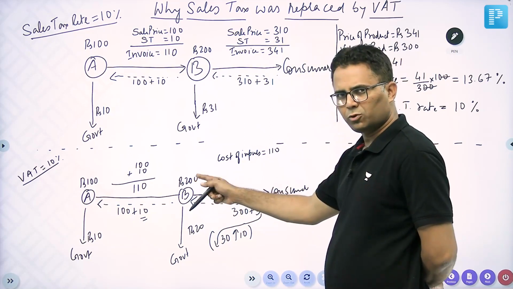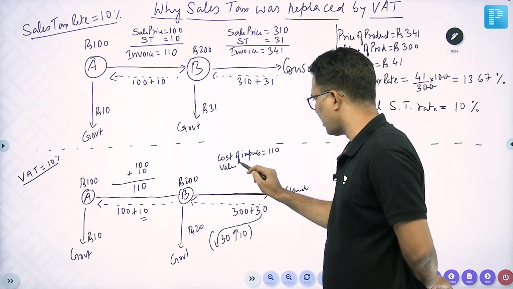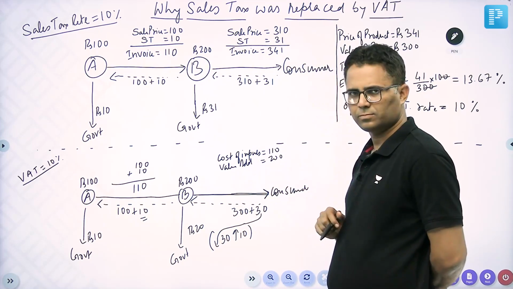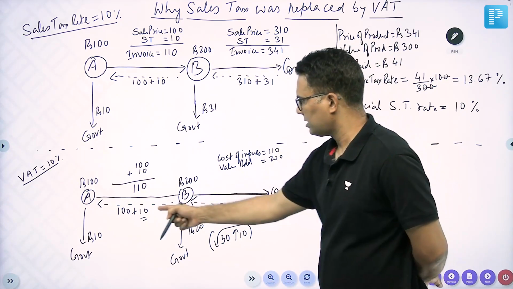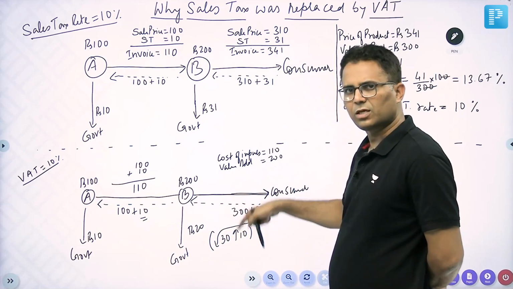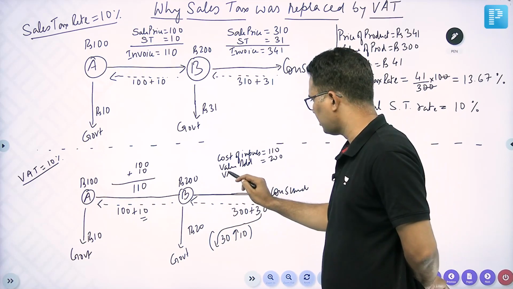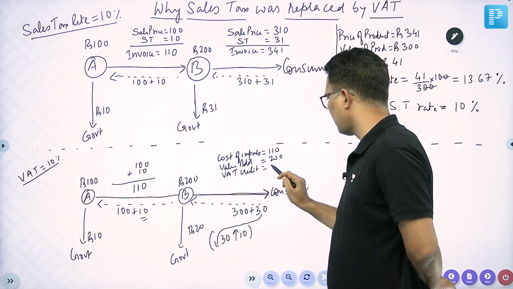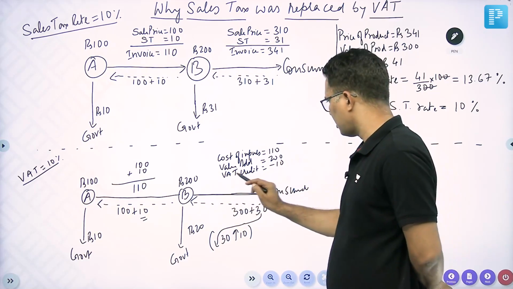He does value addition 200, so he also wants this 200 from the consumer. And since B knows that 10 rupees which he has paid, government will reimburse, government will give back. So, he subtracts 10 rupees. What he writes is VAT credit, I will explain this, minus 10. He subtracts minus 10 because government will give him back.